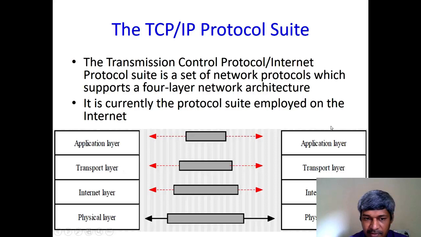Logically, whenever you exchange messages between two nodes implemented using the TCP/IP protocol, you will feel like the messages are exchanged across each layer, but actually the message has to go from the application layer down to the physical layer where it is transferred, and then you receive it here. So this is about the TCP/IP protocol suite.